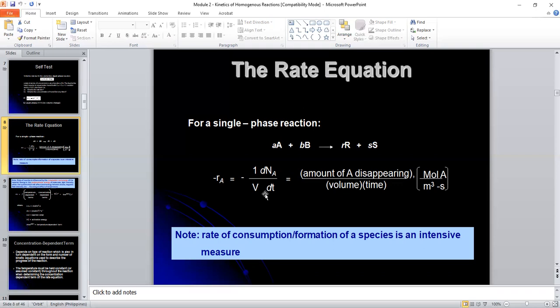It could be in terms of the volume of the system, in terms of the surface area when you have a two-phase system, that is the interfacial area between your system, in terms of the mass of the solid, in terms of the surface area of the solid, or in terms of the volume of the reactor if the volume of the system is not equal to the volume of the reactor. So there are 5 ways, but the one that you are seeing here is the most common way of expressing the rate equation.